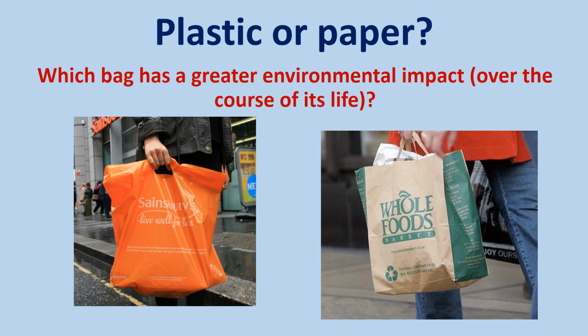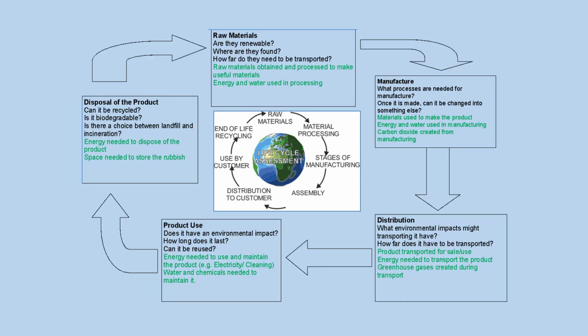It's interesting when you do a life cycle assessment because you don't always get the answer you might expect. So if we're going to have a look at which bag has a greater environmental impact over the course of its life, we would have to look at the life cycle assessment for paper bags and plastic bags in terms of raw materials. Are they renewable? Where are they found? How far do we need to transport them?